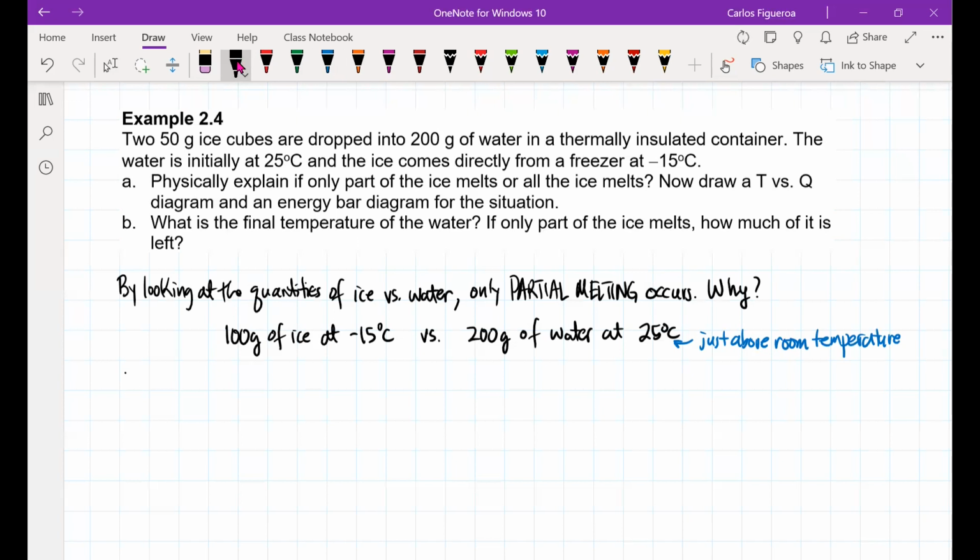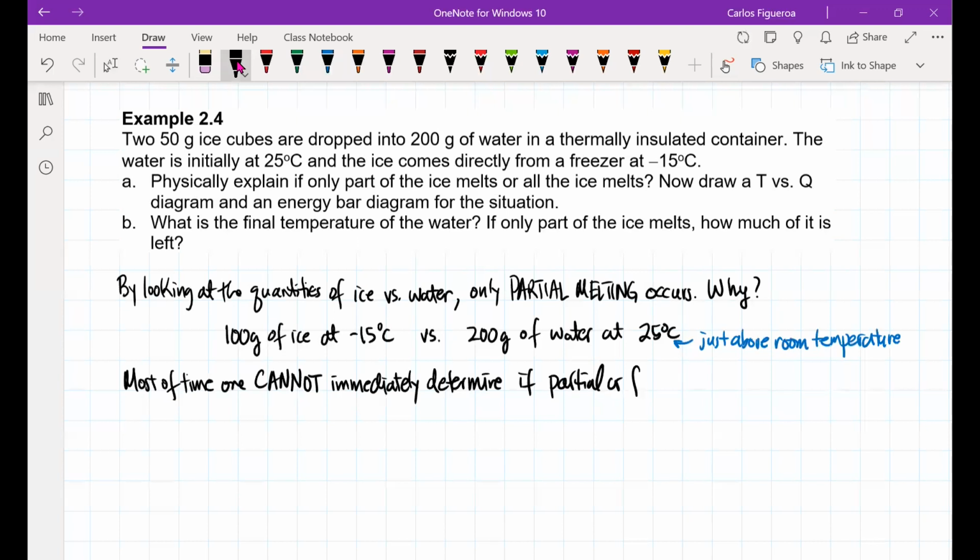Most of the time, one cannot immediately determine if partial or full melting occurs.